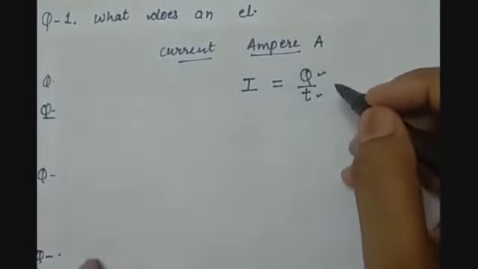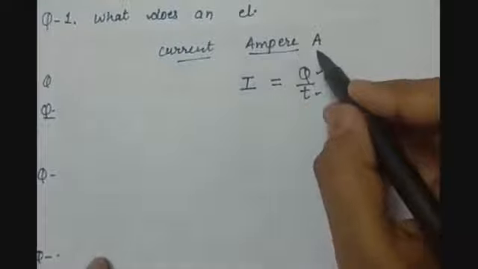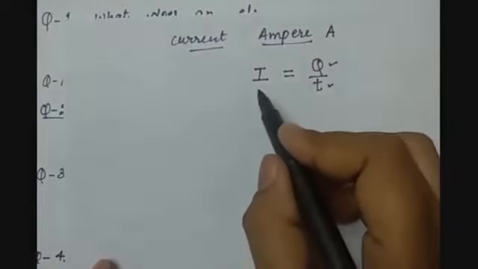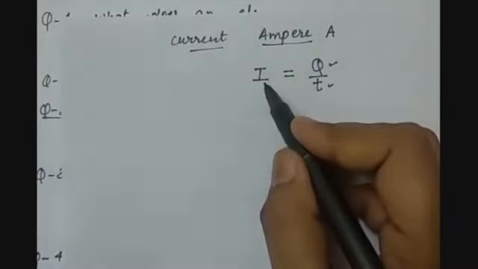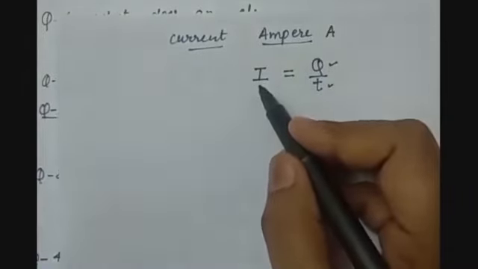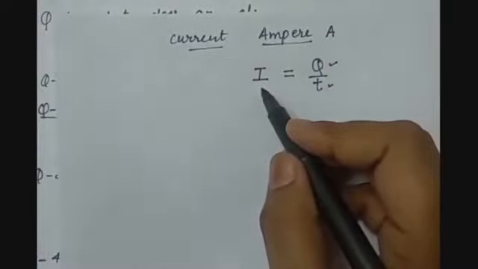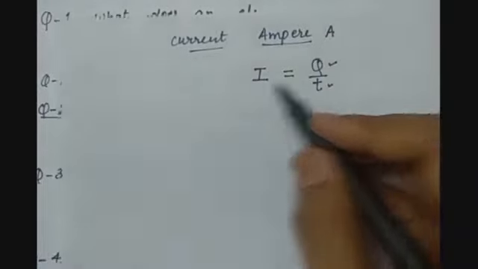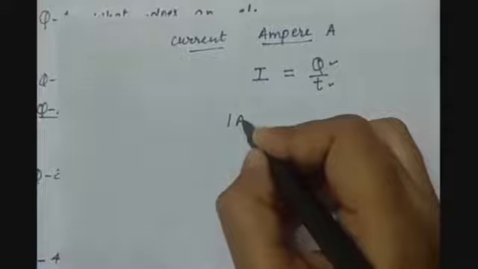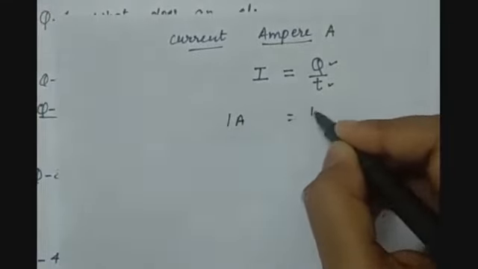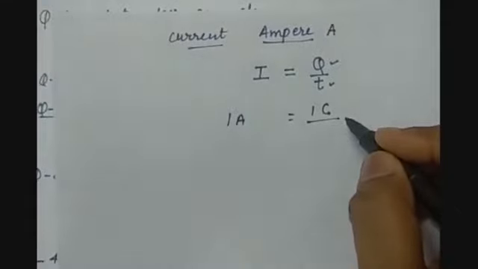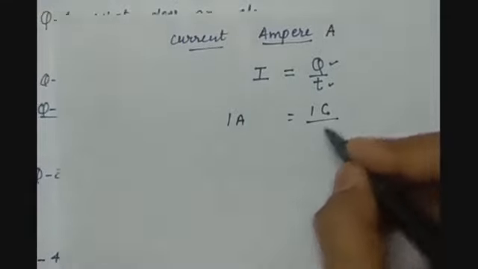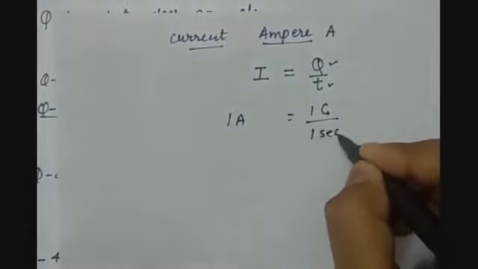Now, if we have to define the ampere, or if the current is 1 ampere, then we will say that electric current in a conductor is said to be 1 ampere if 1 coulomb of charge is flowing through the cross section of conductor in 1 second.